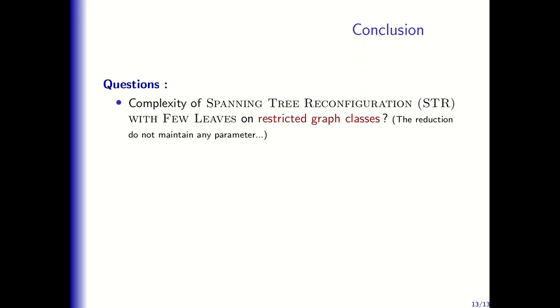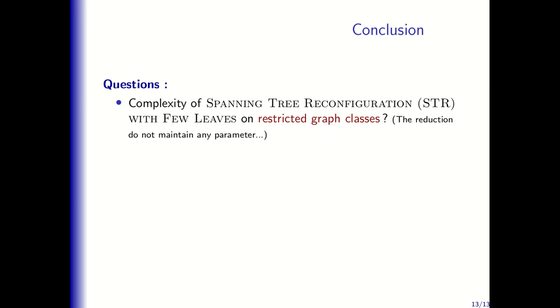Okay, so this is basically a brief overview of the proofs of our paper, and I want to finish with two or three questions which I think might be interesting to look at. The first one is for this spanning tree configuration with 3 leaves. We show that the problem is hard when we have at most 3 leaves, but we don't know exactly what happens on restricted graph classes.